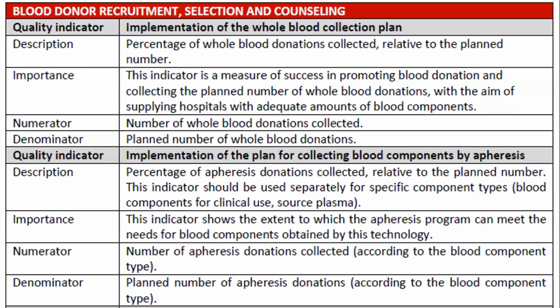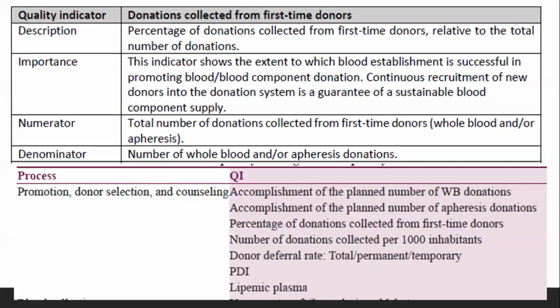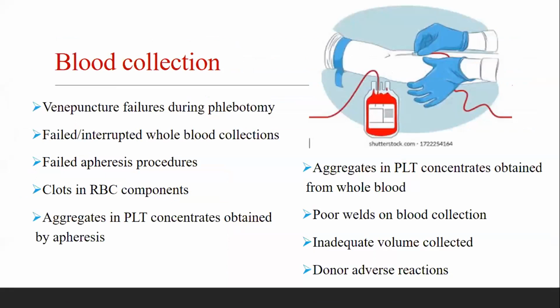In this document, you get the description of the quality indicator, its importance, and the well-defined numerators and denominators. For example, for promotion, donor selection, and counseling, we can monitor the planned number of whole blood donations, or the planned number of apheresis donations, or donor deferral data, etc.